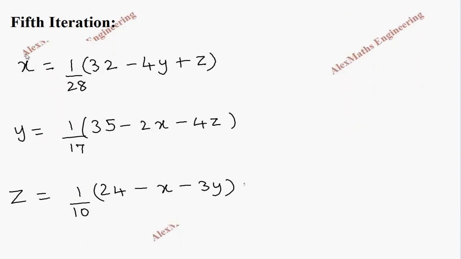In the fifth iteration, once again we take the equation. We take x of 5, y of 5, z of 5. By using x of 4, y of 4 and z of 4, we are going to calculate all these values, which are nothing but the values of the previous iteration.